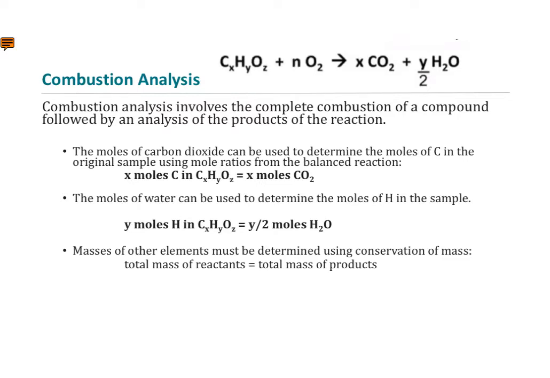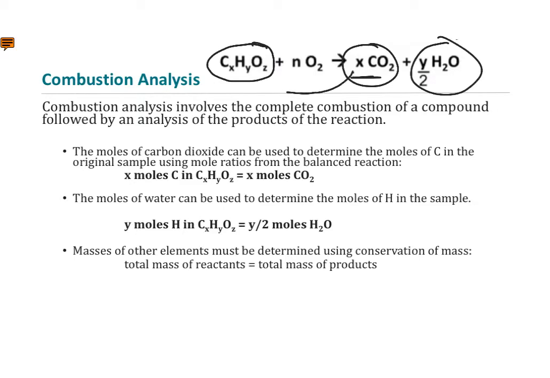What combustion analysis does is it literally burns a sample of an unknown and then analyzes the precise amount of carbon dioxide and water that's produced from the combustion. And then through stoichiometry, we can backtrack and figure out what the ratio of carbon to hydrogen was, and therefore find the empirical formula.